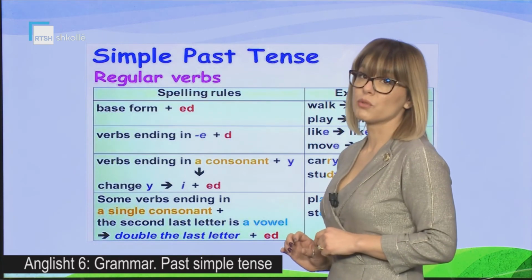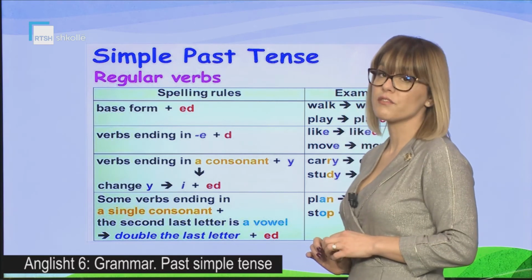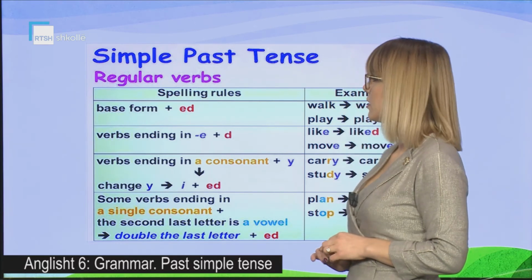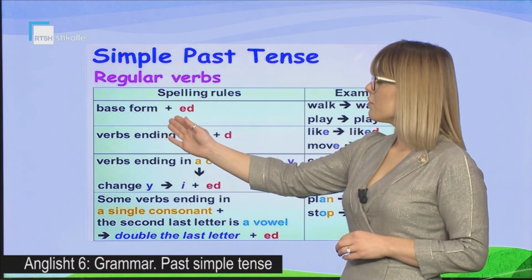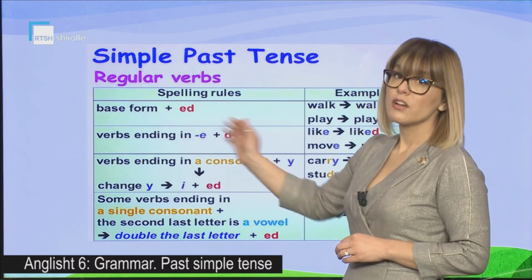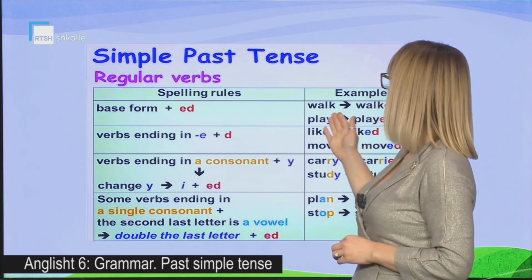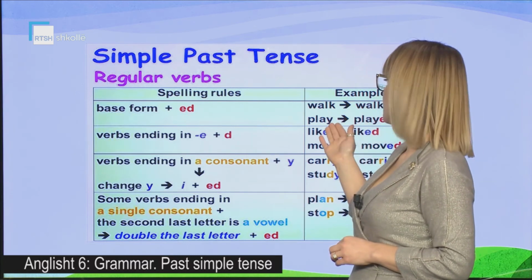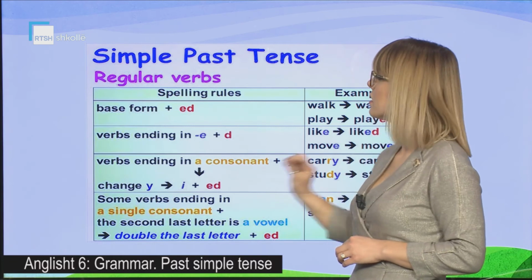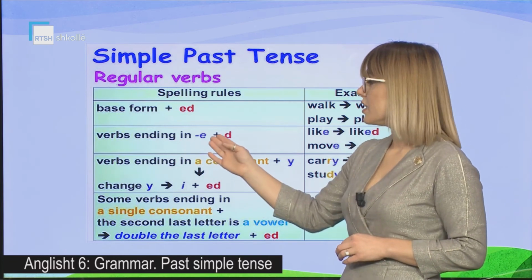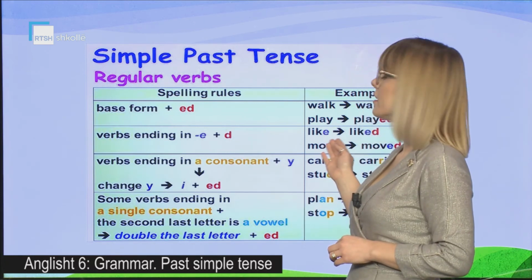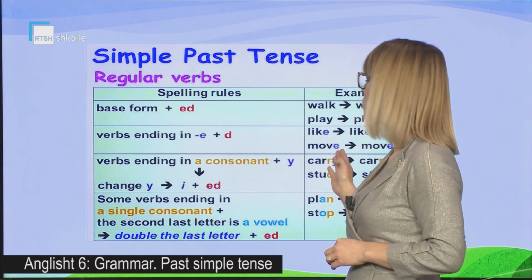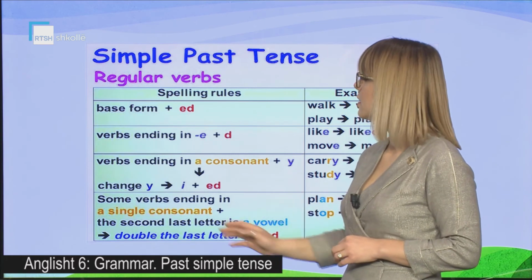We have some rules when we write the verbs in past simple. We always have the base form plus ed. For example, walk, walked, play, played. Verbs ending in e, we just add d. Like, liked, move, moved.